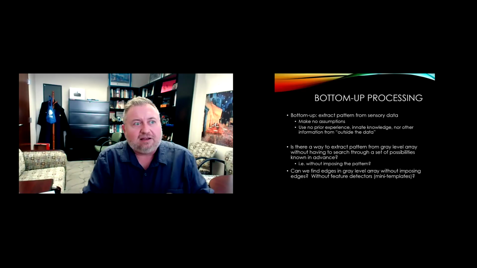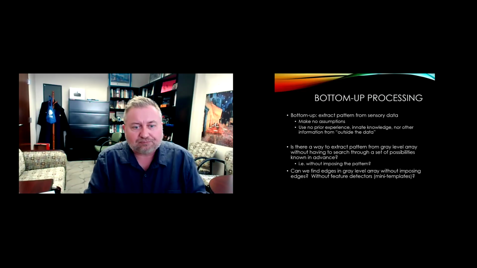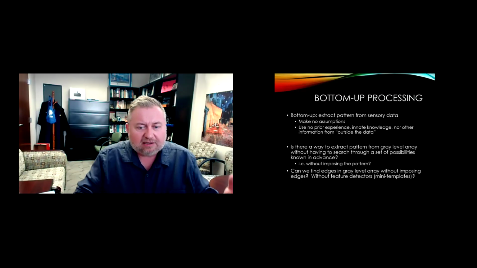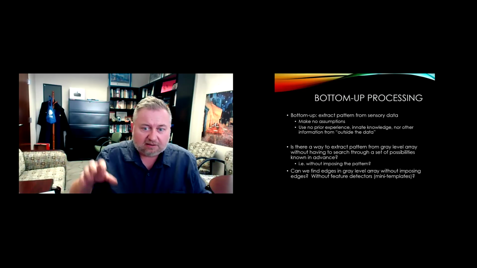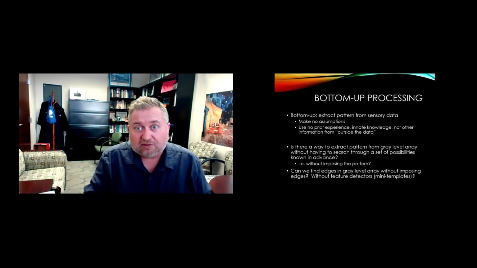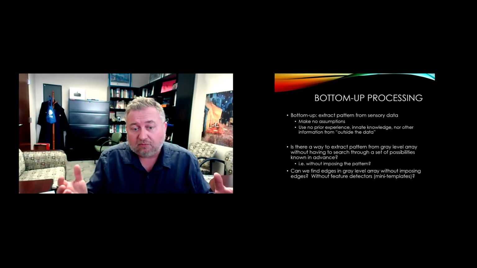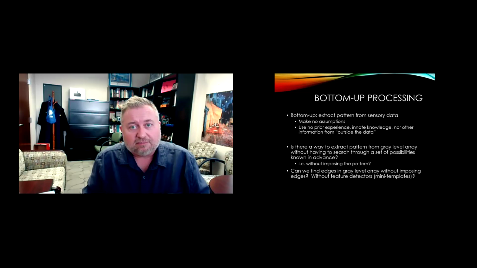So now I have imposed this form onto the raw lump of clay, right? So I didn't let the clay form the shape itself just by stacking it up and seeing what I get, but rather I imposed a shape on it. I molded it and manipulated it to take on a particular shape that I want it to, right? That's top-down processing, but we're not there yet.